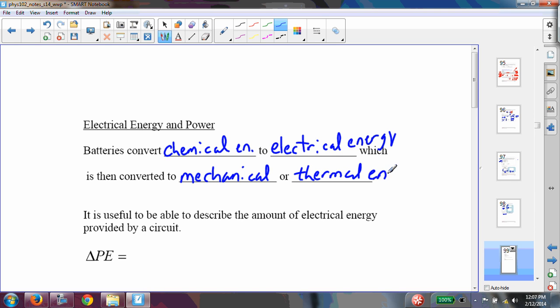Thermal energy, like in a heater or a light bulb, which produces really mostly heat.